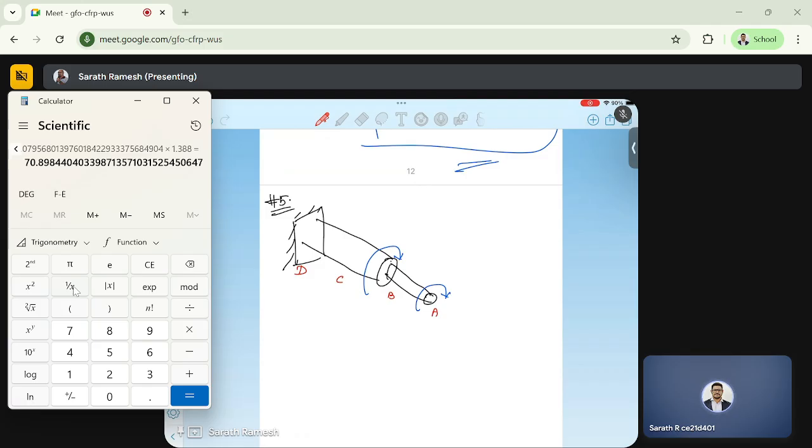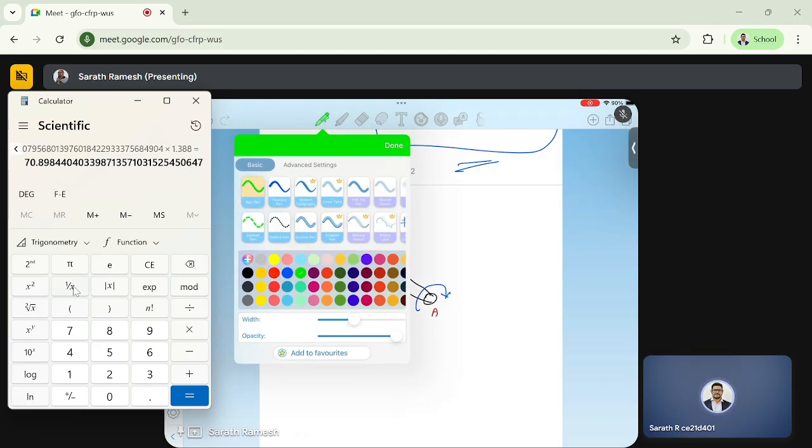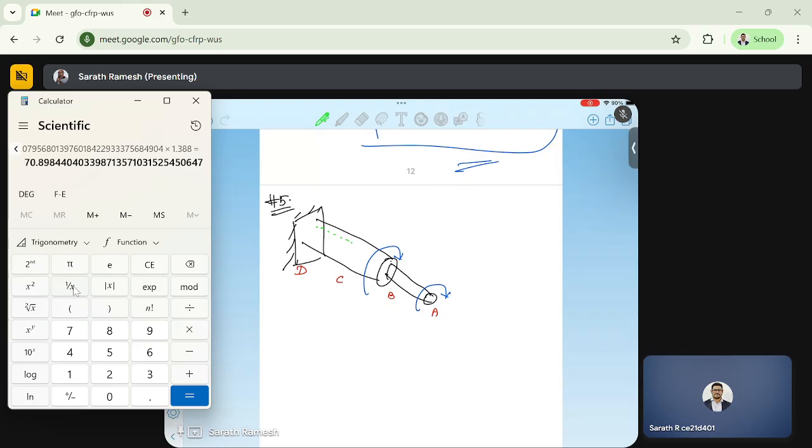This fixed thing is D, and there is some hole drilled inside. Right, so this diameter is 44 mm.